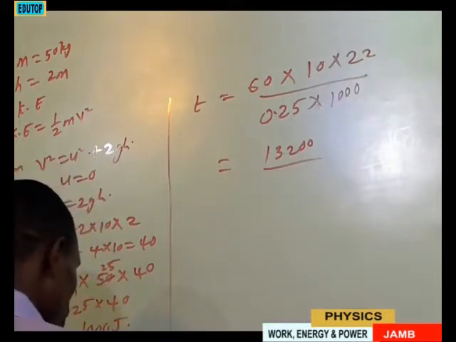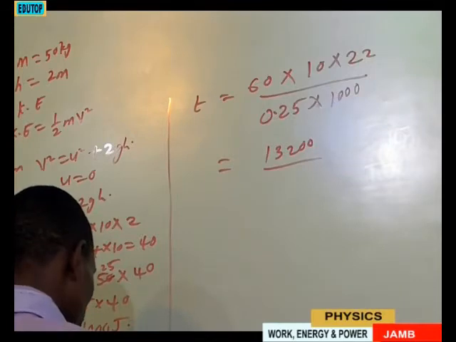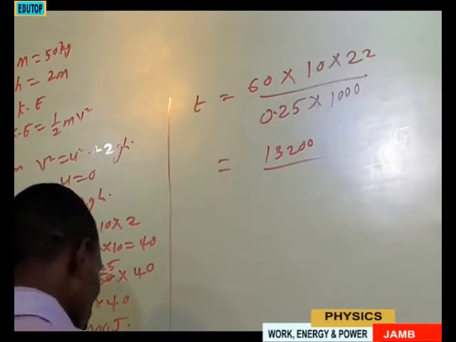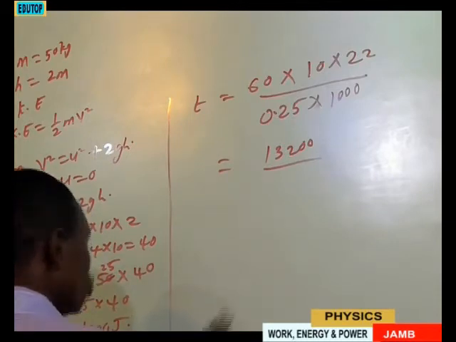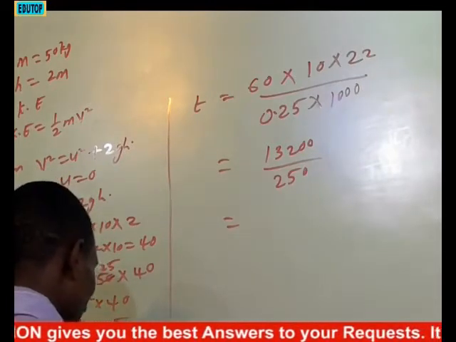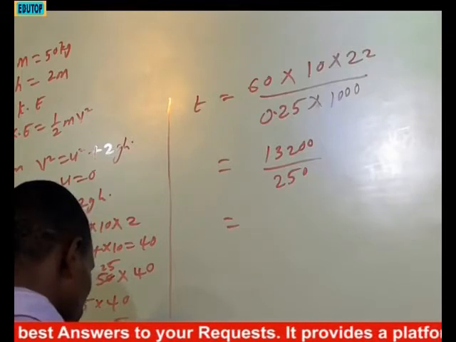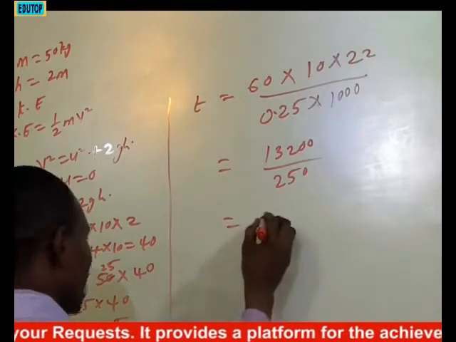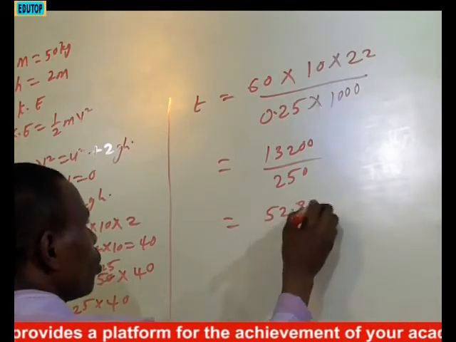Then the denominator, 0.25 times 1000, gives 250. All together, 13,200 divided by 250. The answer is 52.8 seconds.